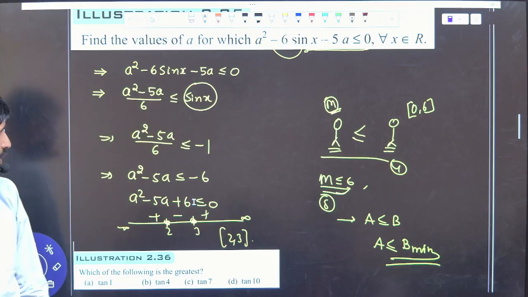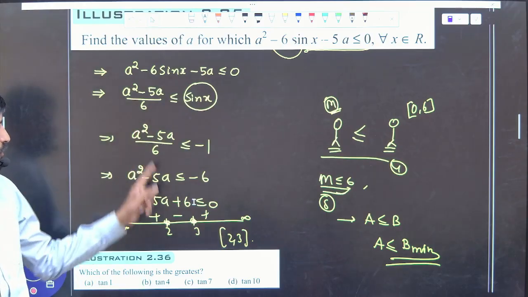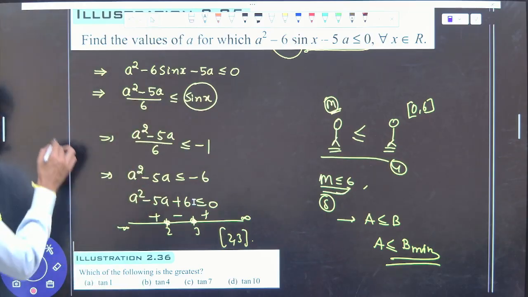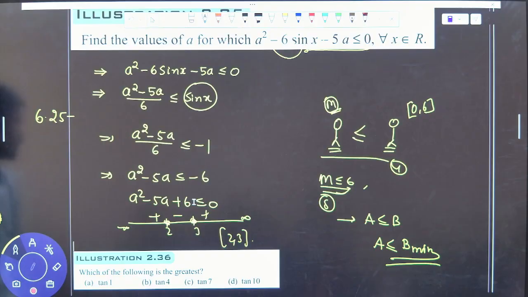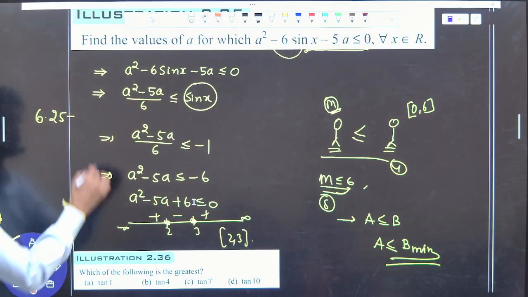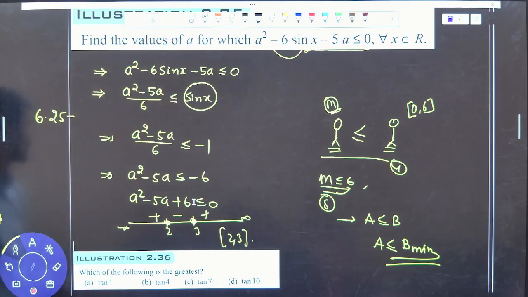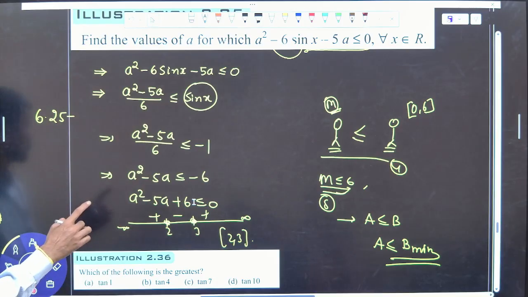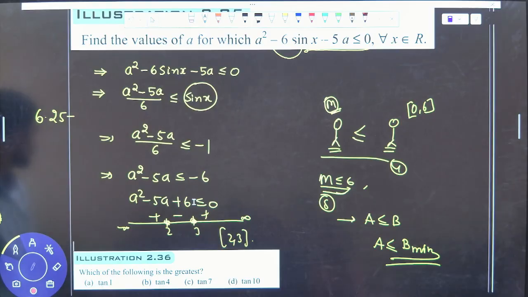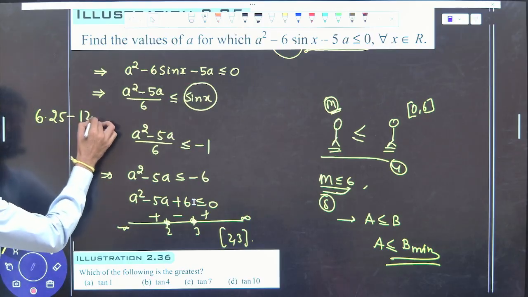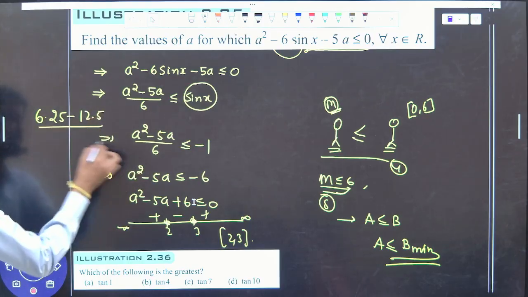Tell me, 2.5. Now put here 2.5. a square is 6.25, minus 5 into 2.5, which is 12.5. 12.5 divided by 6.